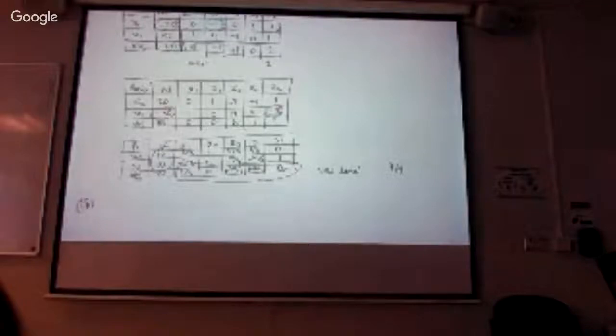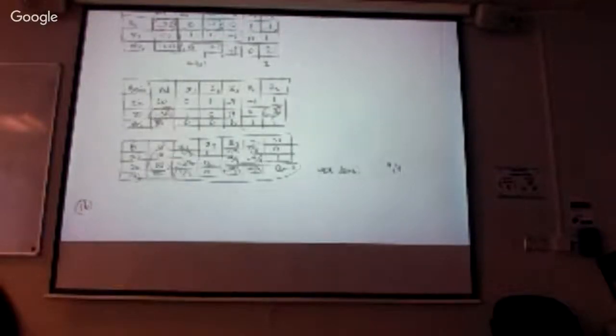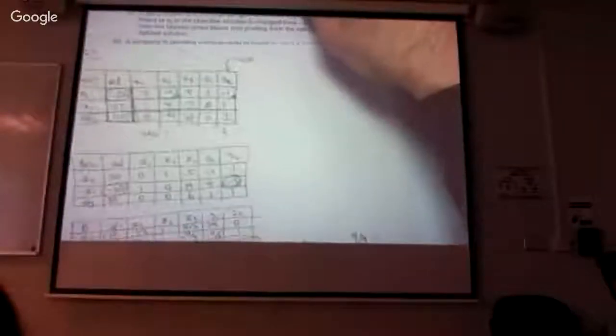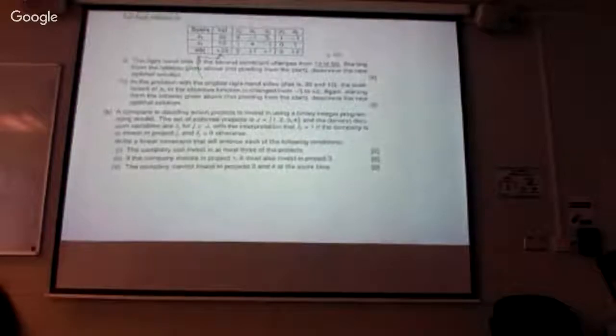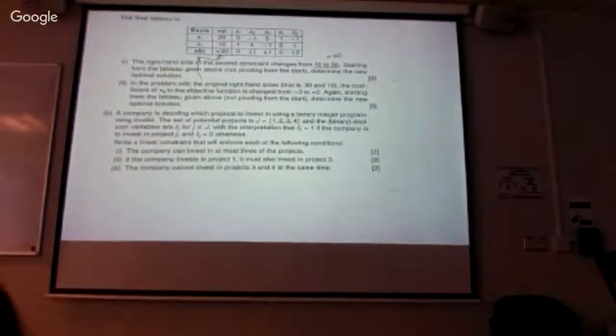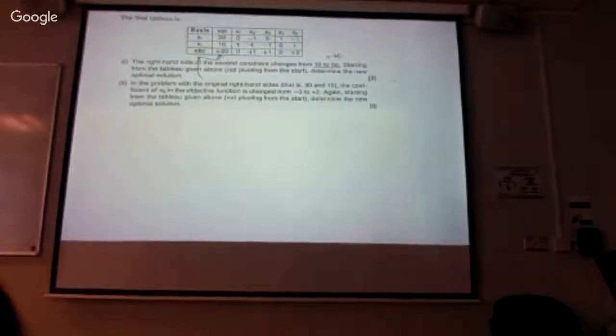So, sorry, right-hand sides go back where they were. The coefficient of x3 changes from -3 to +2 in the objective.